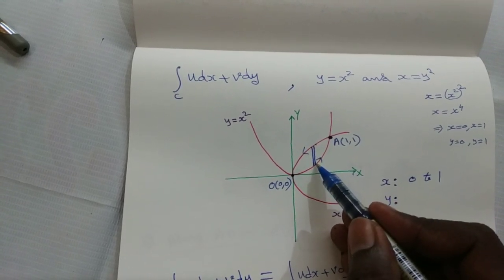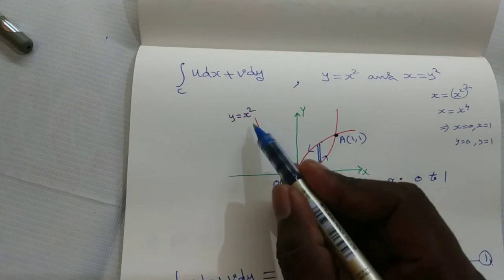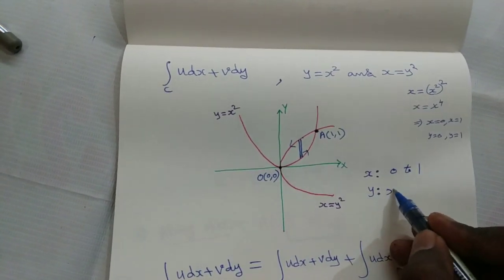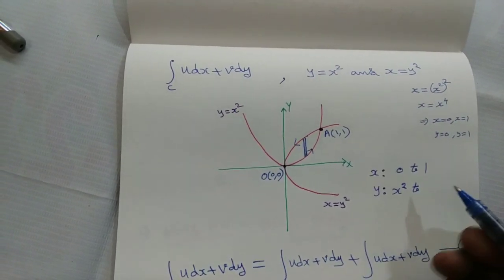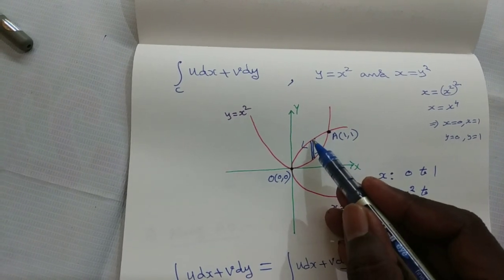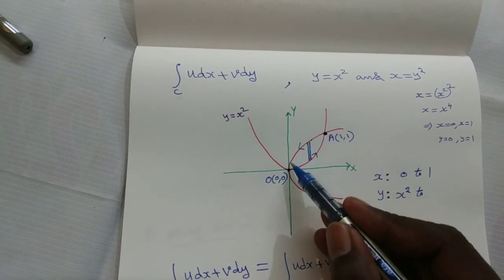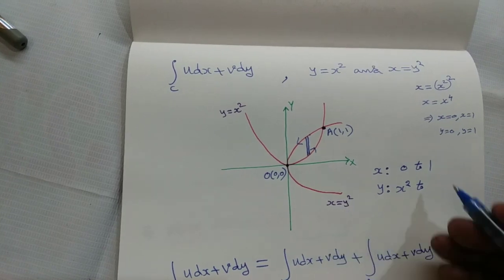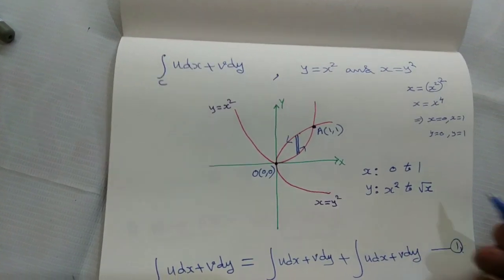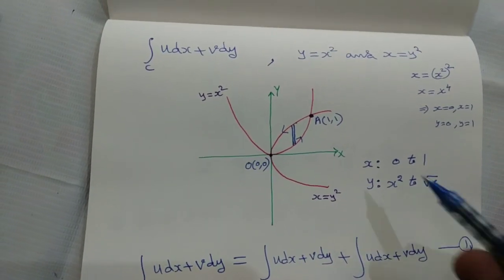From this parabola, what is y? Y value is x square. So x square to where this strip ends with this parabola. From this parabola, what is y? Y value is root x. So this is the limit for x and y.